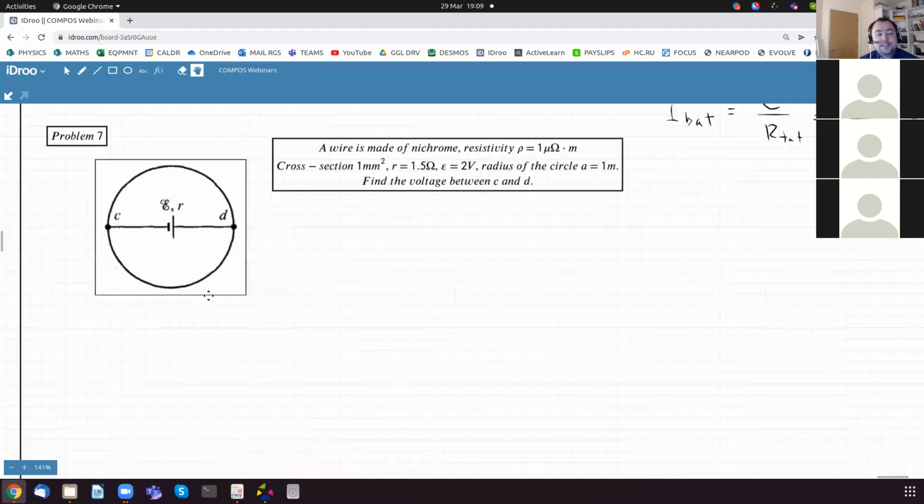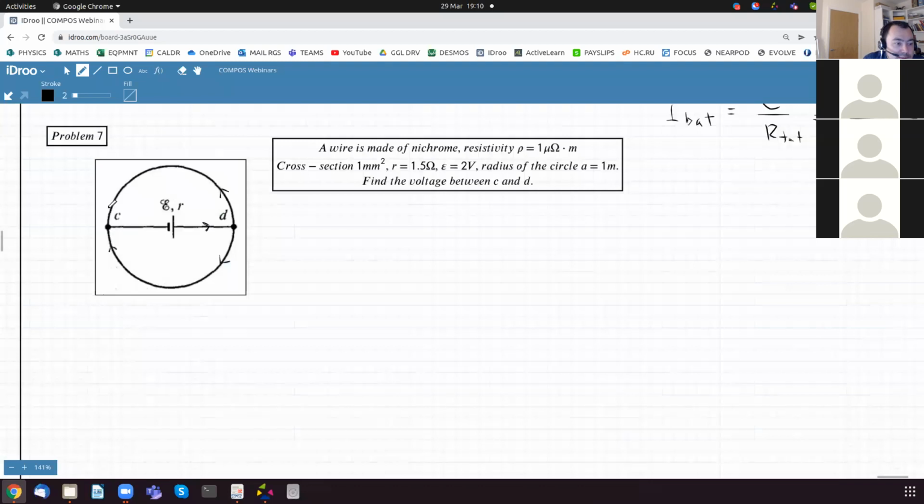So, quite an interesting setup here. You need to find the voltage between A and B and C and D. To do this, we will first direct the currents. It's quite obvious that the current goes this way, and here the current goes this way and this way.